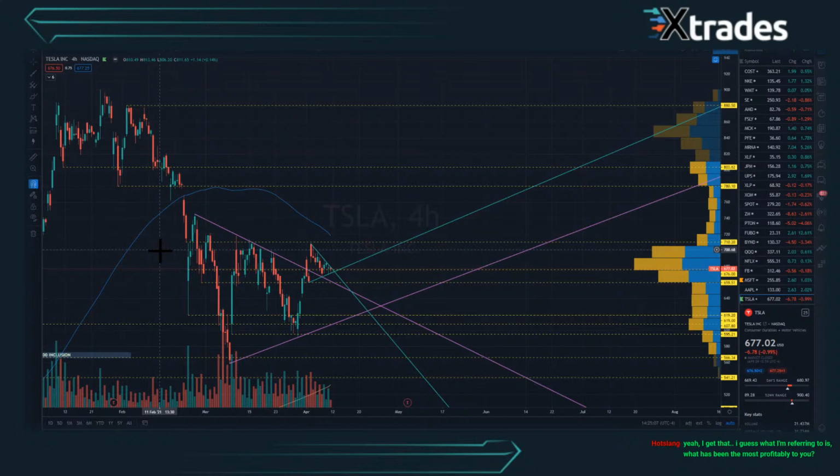What's been most profitable for me? Usually I think my debit spreads have been more profitable for me. But in general, my best performing account this year has been selling.